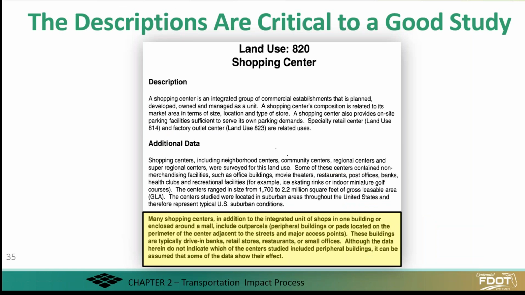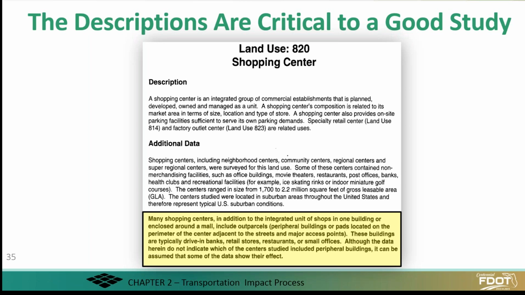Let me just talk about this land use 820 shopping center. In the manual, it says the out parcels outside the shopping mall have an effect on the outcome. They added that to the collected data for this land use, but it doesn't tell us specifically which of the studies included these out parcels.